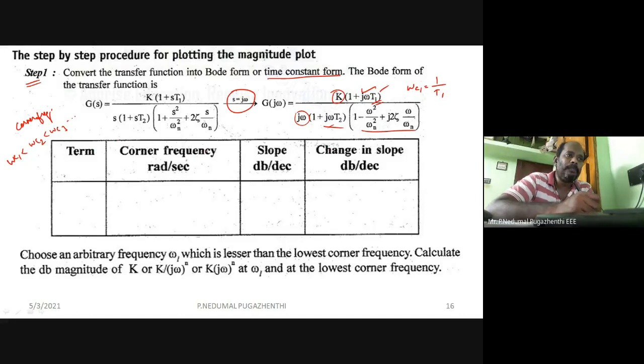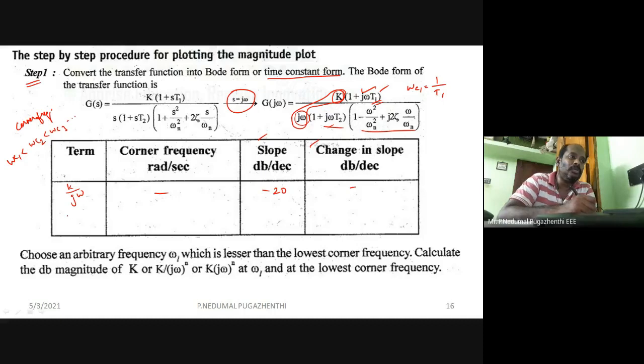Then form this table to identify two things: the slope and the change in slope. For a particular term, for example the first term k divided by j omega, there is no corner frequency, but since it is in the denominator with omega power 1, your slope will be minus 20 and there is no change in slope; it remains the same slope.